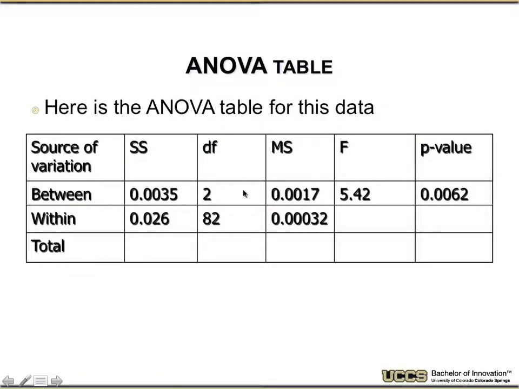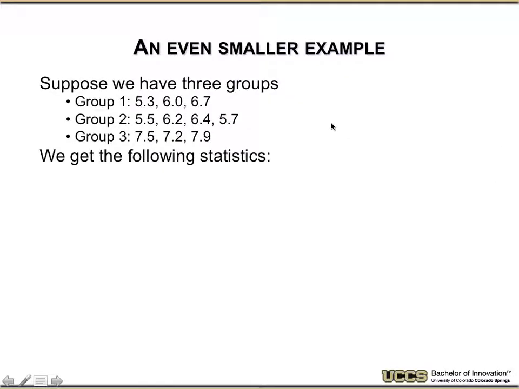So here's the ANOVA table that comes out of it. The numbers for the between, within, degrees of freedom, the statistics, and then things come out and give you a p-value. Here's an even smaller value. Here I have three groups of performances: 5.3, 6, 6.7, 5.5, 6.2, whatever.